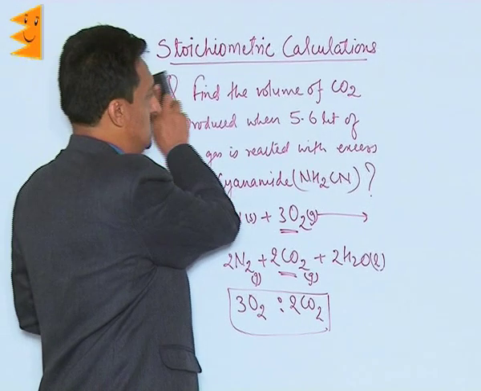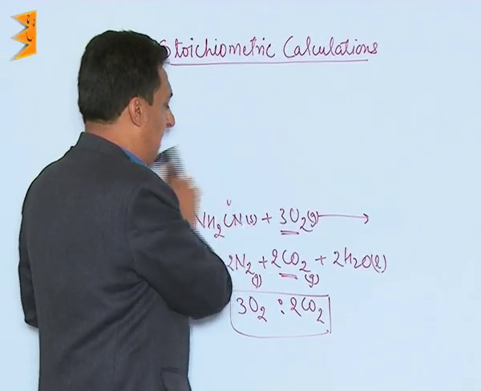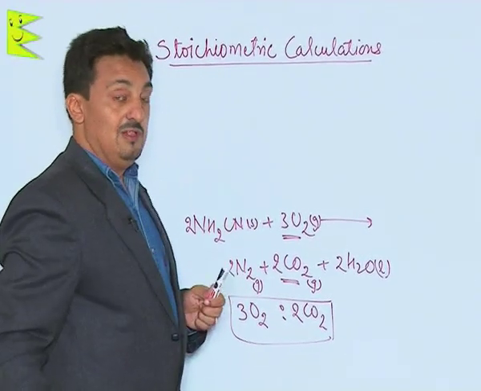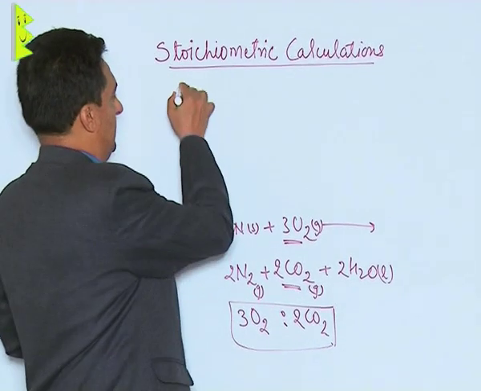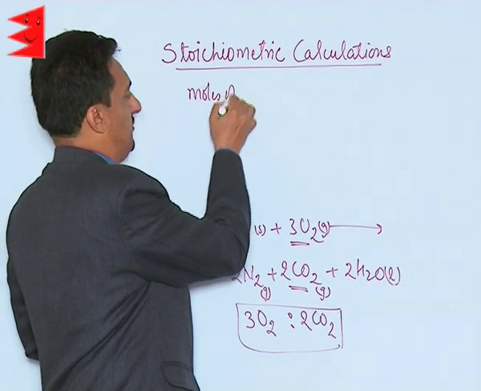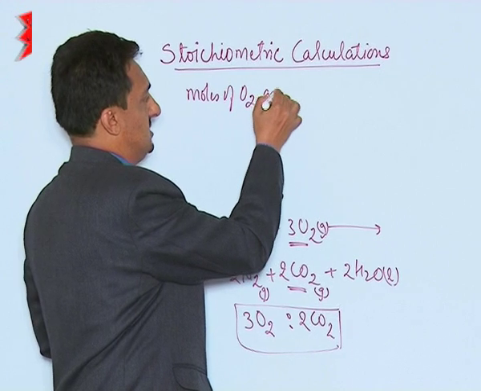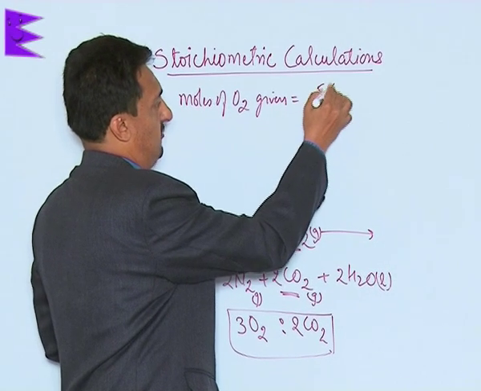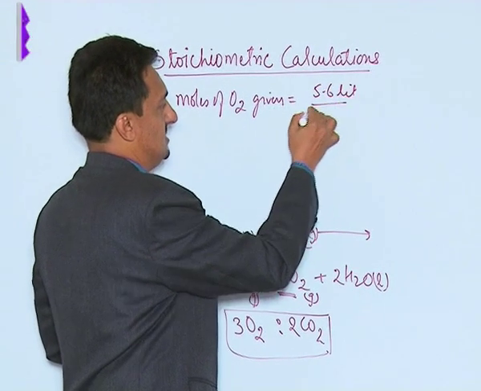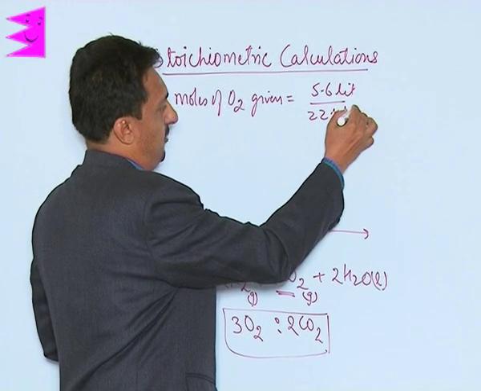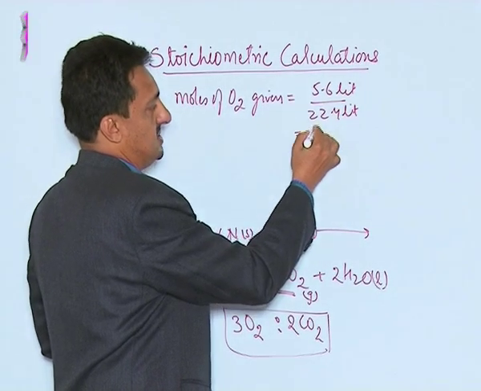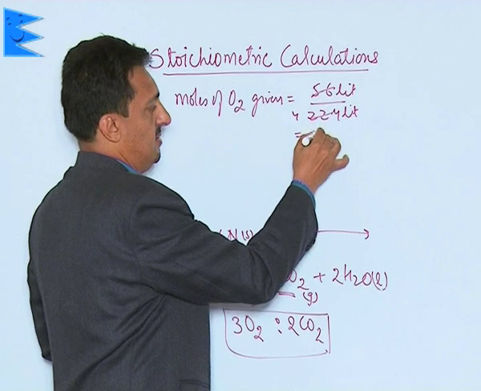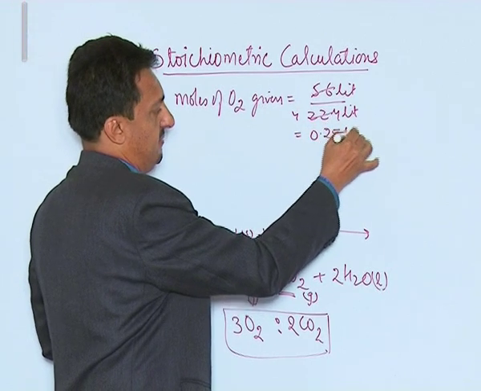Let us first calculate the moles of O2 given. See, the moles of oxygen given are 5.6 liters divided by 22.4 liters. This is 1 by 4, so it is 0.25 moles.